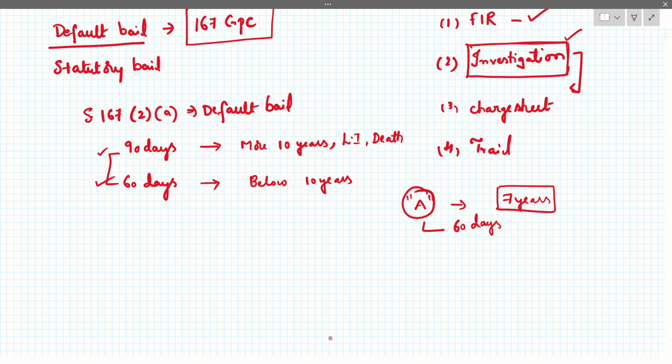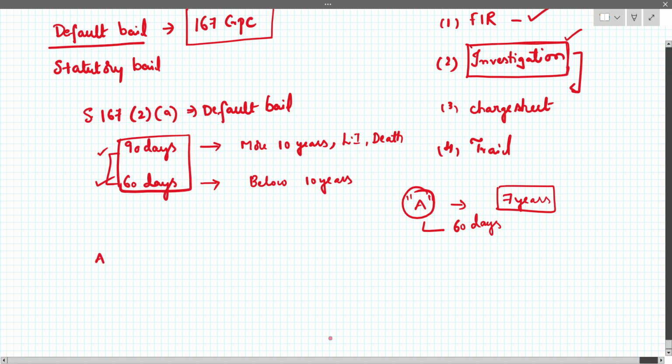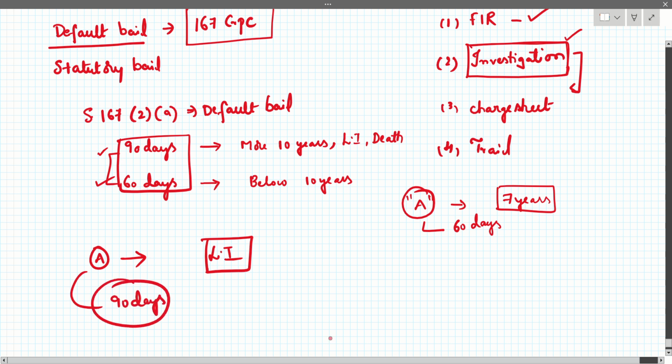For example, if the police officer fails to complete the investigation within the set period, say A committed an offense for which the punishment is life imprisonment, the magistrate authorized A's custody up to 90 days. Within these 90 days, the police officer has to complete the investigation.